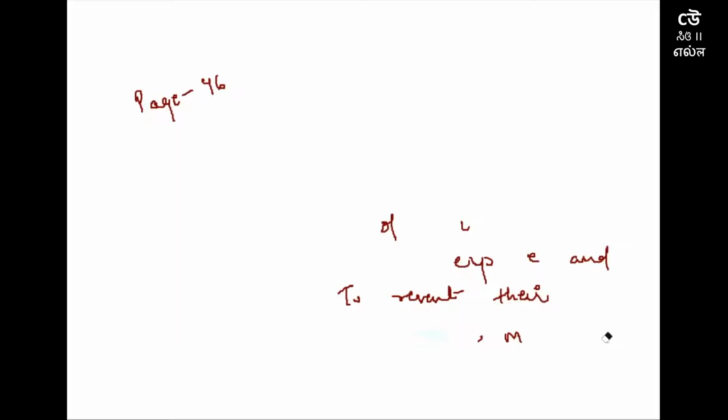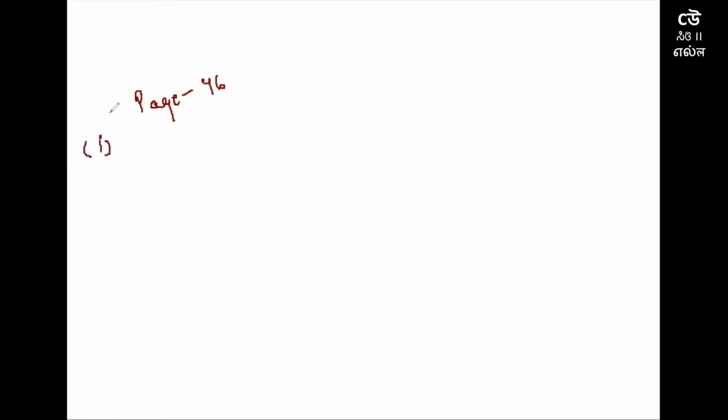The question says what type of reaction will occur if steam is reacting with iron. Steam obviously means water will react with iron. So what type of product will we get? This is the first part of question number 2 of page number 46.